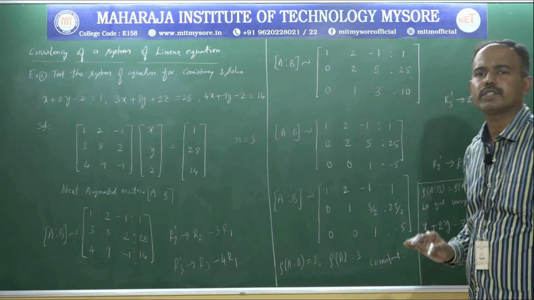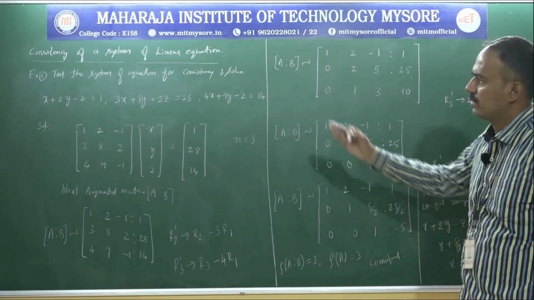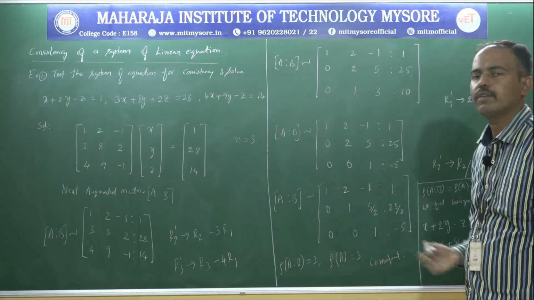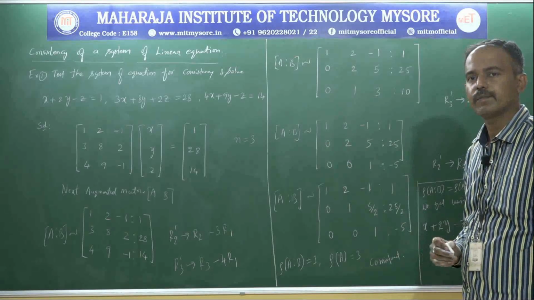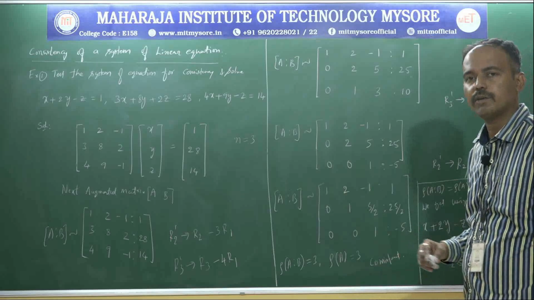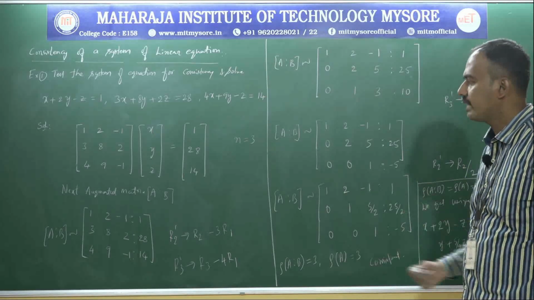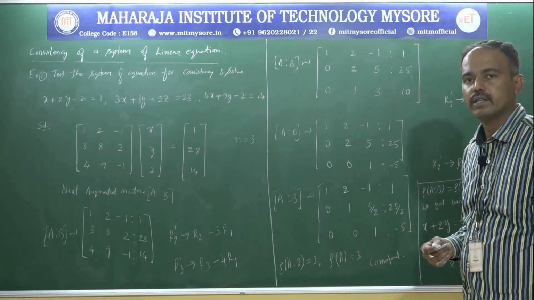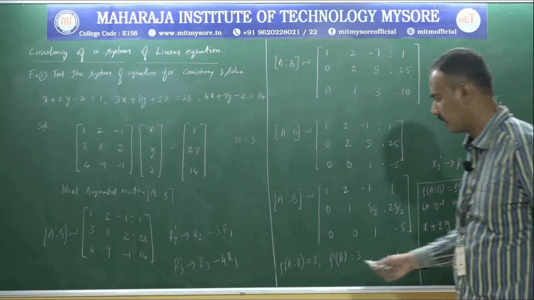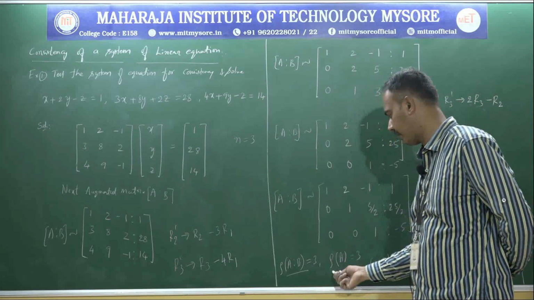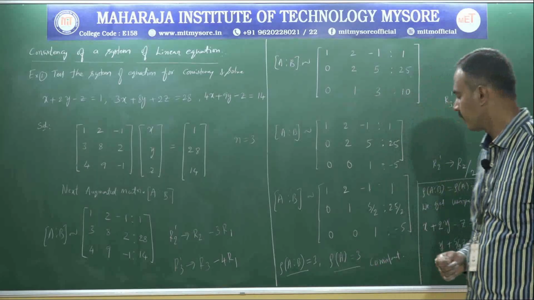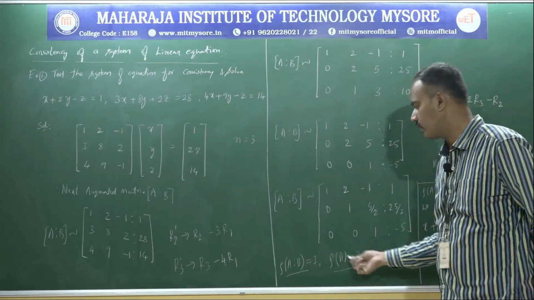One important observation: suppose we have 3 equations with 3 unknowns. First, represent them in augmented matrix form. Later, apply the row reduced echelon form to find the rank of the augmented matrix and the rank of the coefficient matrix A. Suppose these two are equal.